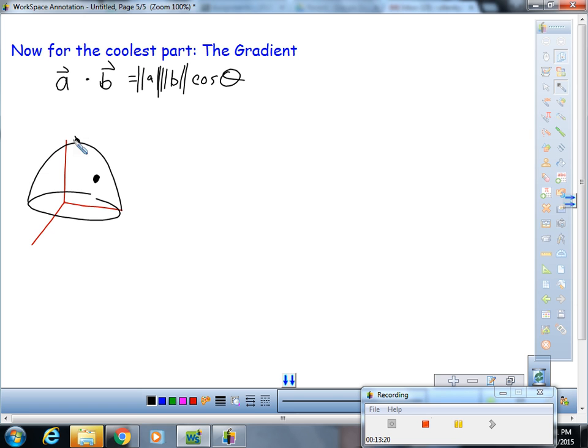So we're trying to figure out at any given point x comma y, which direction's directional derivative is greatest? That's the question we're trying to answer.